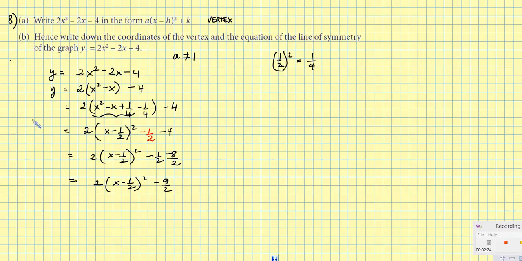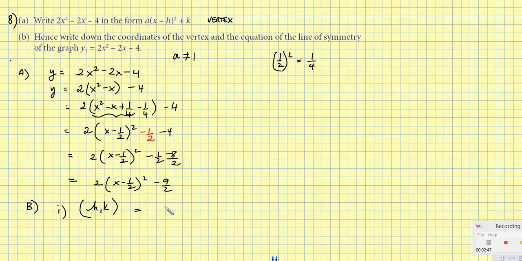Alright, so that takes care of part A. We have completed the square here, and we have placed it in the vertex form. Now we are going to find the coordinates of the vertex. Remember that the coordinates of the vertex are (h, k).